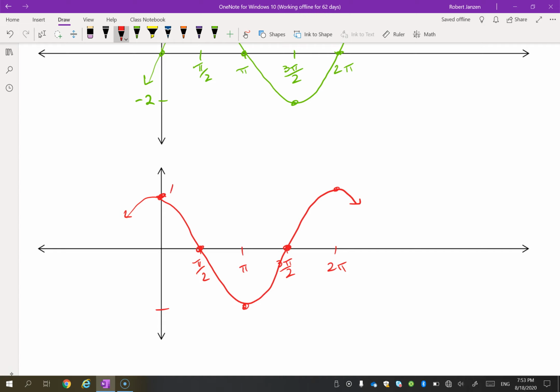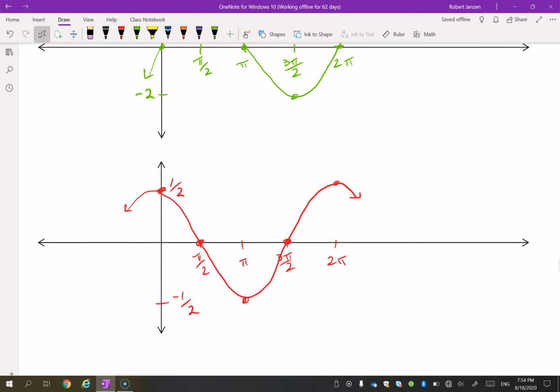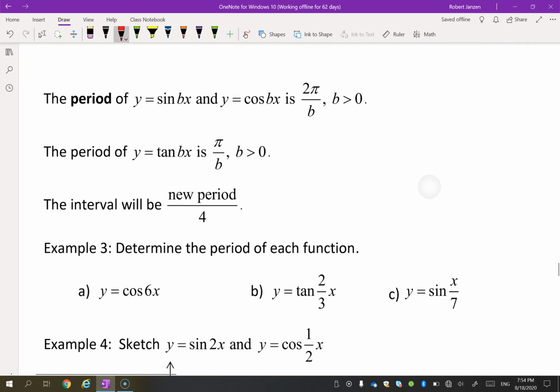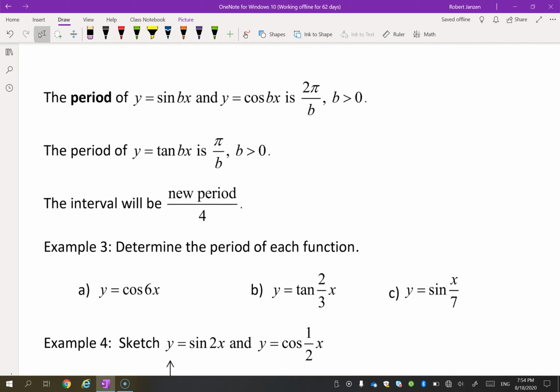And instead of 1, I'm going to put 1/2 and -1/2. This is x. That's y. So that's the first thing. Amplitude is a pretty easy transformation. Let's now look at the period. This is probably the trickiest one.